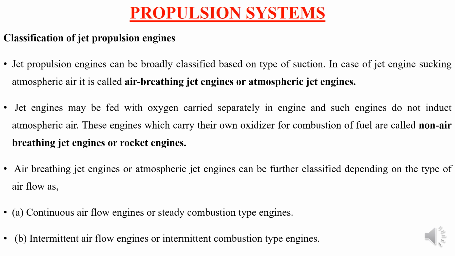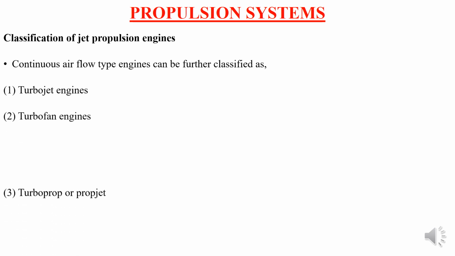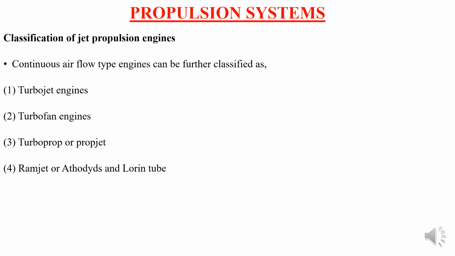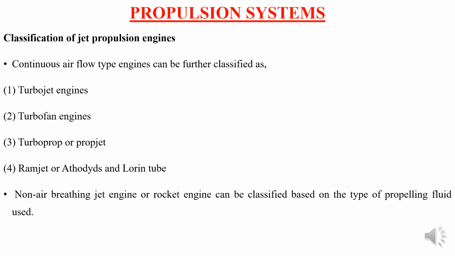In the continuous airflow type we have several engines: turbojet engines, turbofan engines, turbojet with afterburners, then turboprop, and then the ramjet engine.